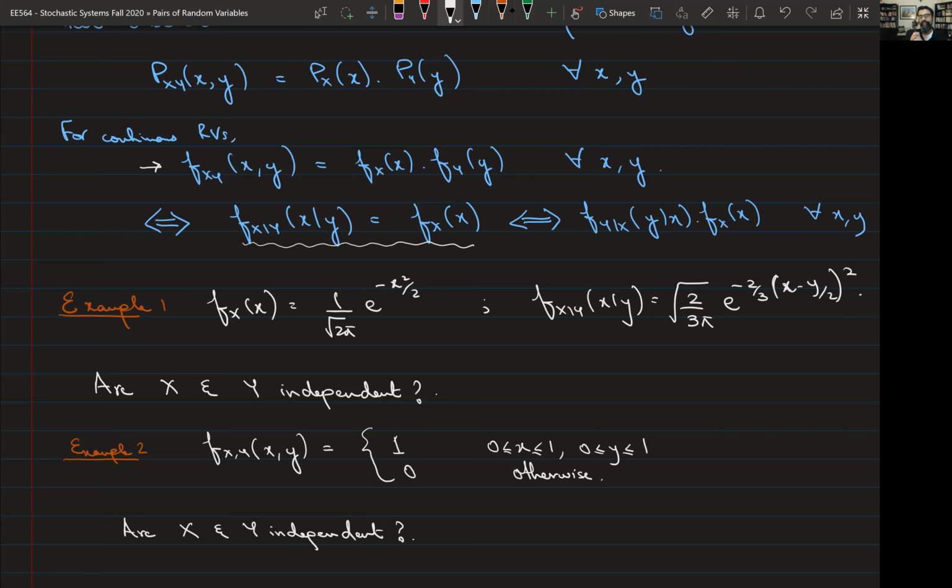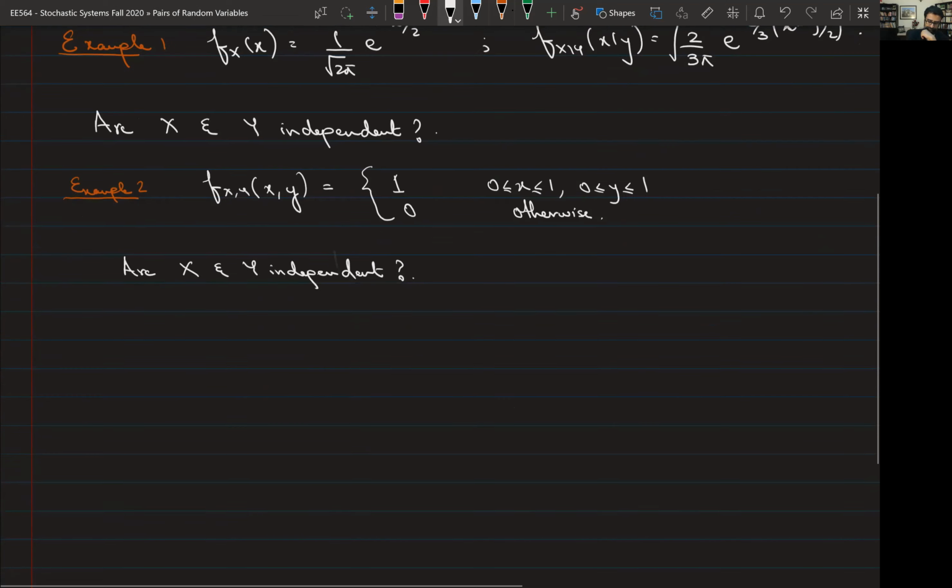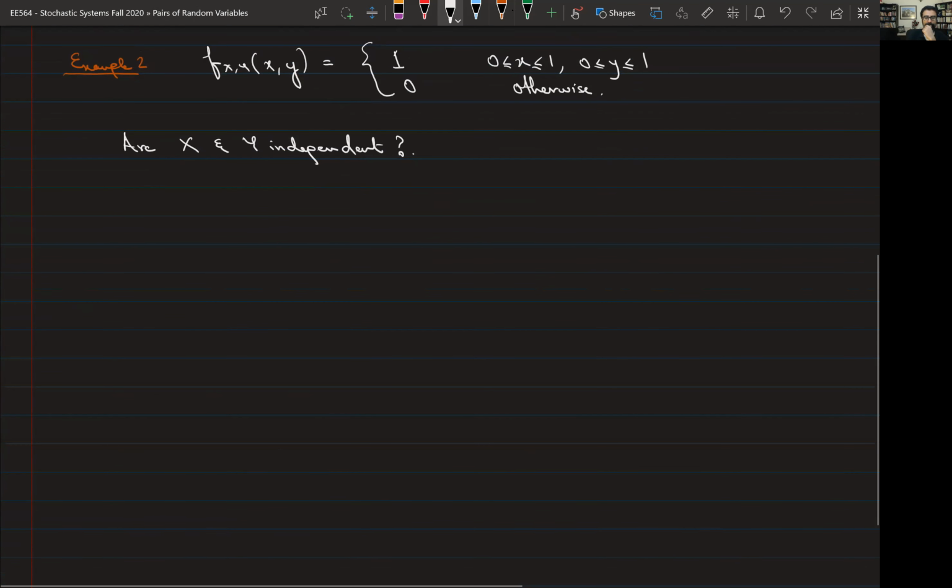So how should I go about determining whether they're independent or not? Ali, go ahead, please. Yes sir, I'm saying we should look at covariance.